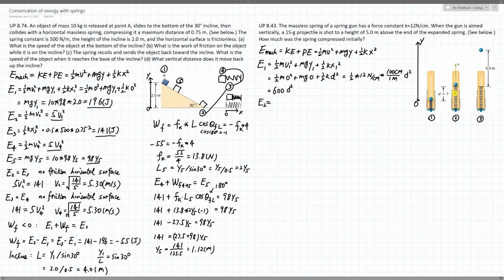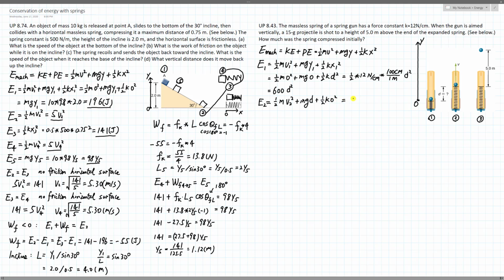Okay, so for E2, the spring has relaxed. There's no more spring potential energy, but there's some gravitational potential energy and kinetic energy. So 1/2 m v2 squared plus mg, and this height is specifically called d, so mgd, plus 0. So we'll still write it out, k times 0 squared, no more compression.